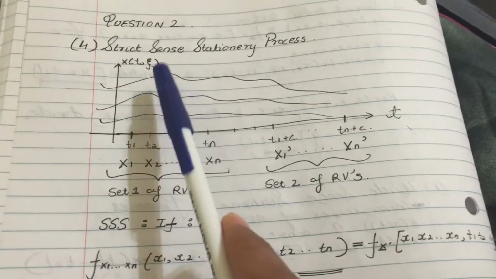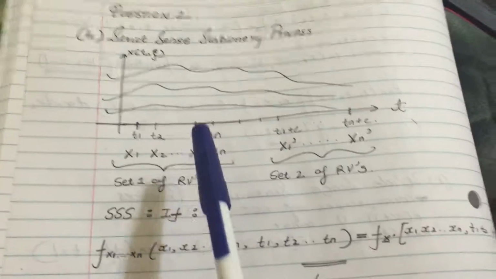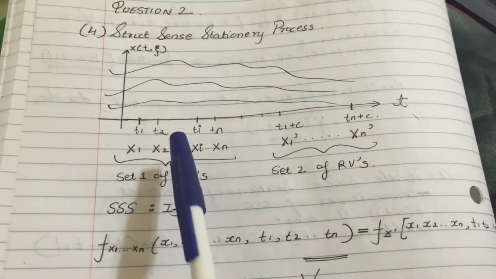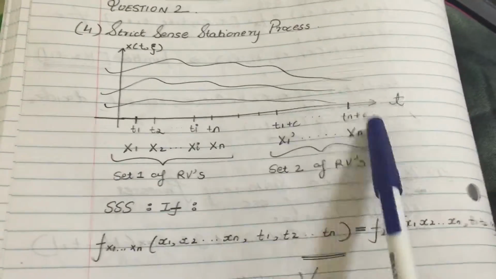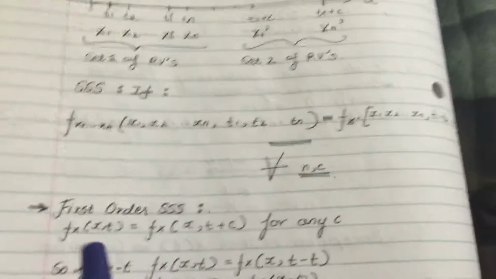So basically what the property of strict sense stationary process says is that the PDF, that is the density function, of these two sets of random variables, set 1 and set 2, should be the same.